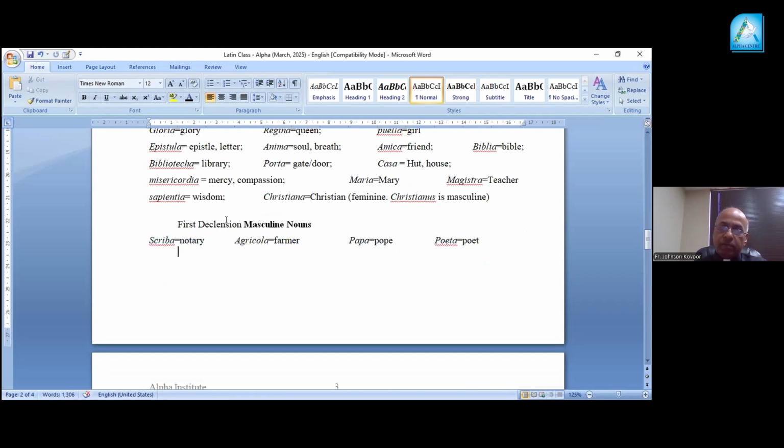These are first declension masculine nouns. Agricola means a farmer, agriculturist. Papa, Pope. Poeta, poet. These are masculine nouns, but in the feminine, or first declension, format, ending in A.